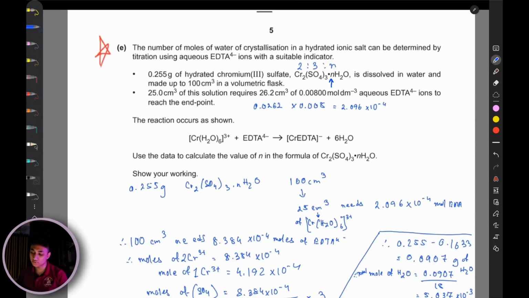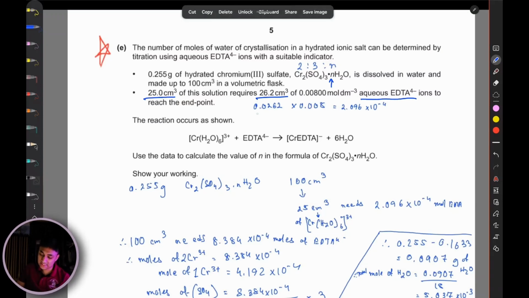It is now dissolved in water and made up to 100 cm³ in a volumetric flask. Now, of the 100 cm³, only 25 cm³ of this solution is taken, and it requires 26.2 cm³ of 0.008 mole per dm³ concentration of EDTA ions.